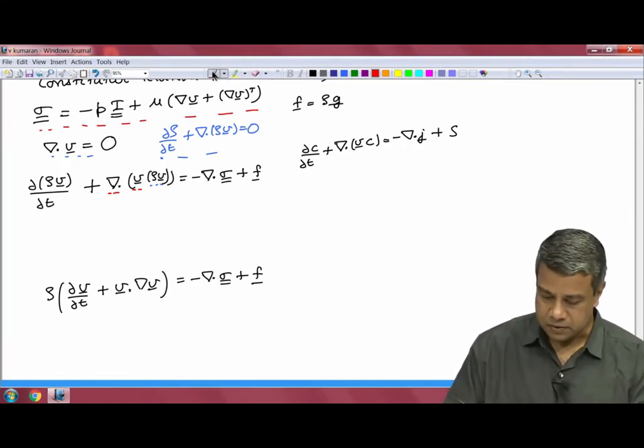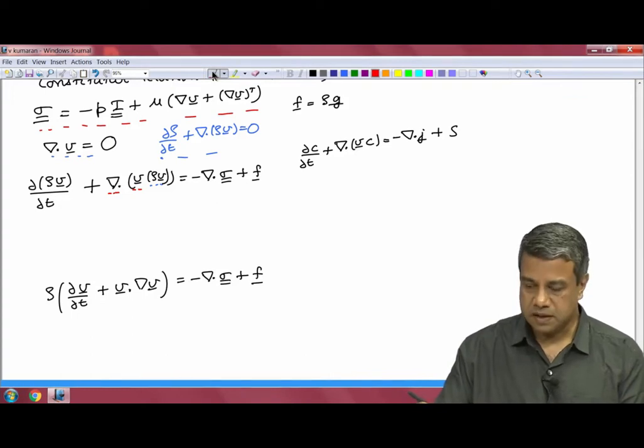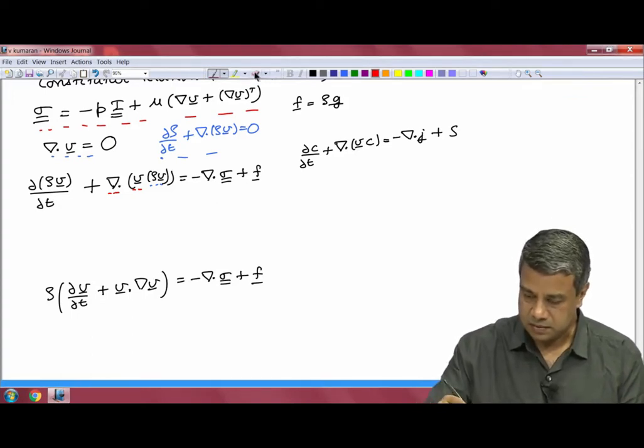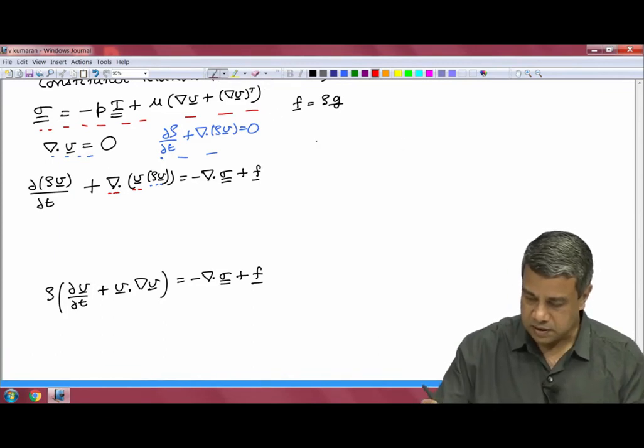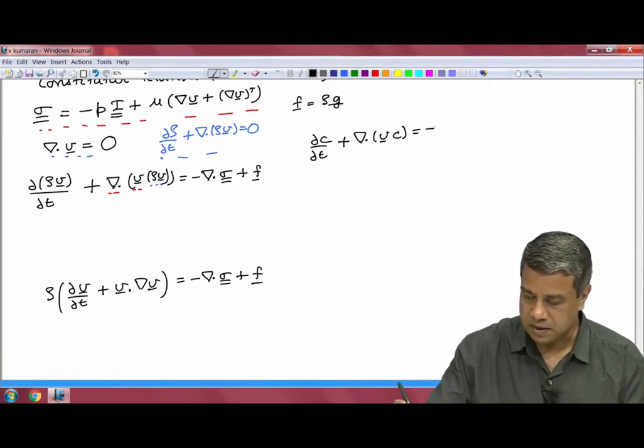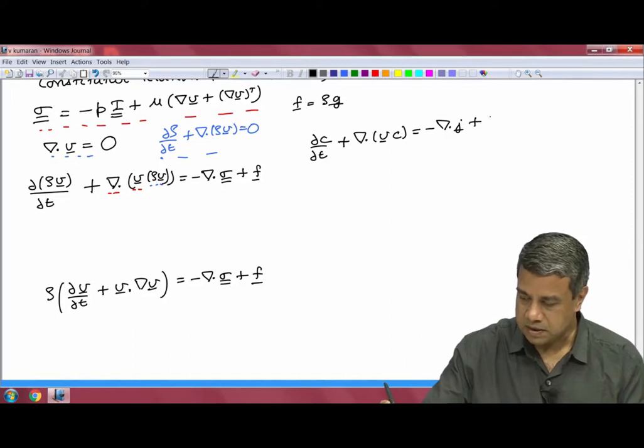So, the mass conservation equation I had written here. Let me write it again. The mass conservation equation is of the form partial C by partial t plus the divergence of v C is equal to minus the divergence of J plus the source.